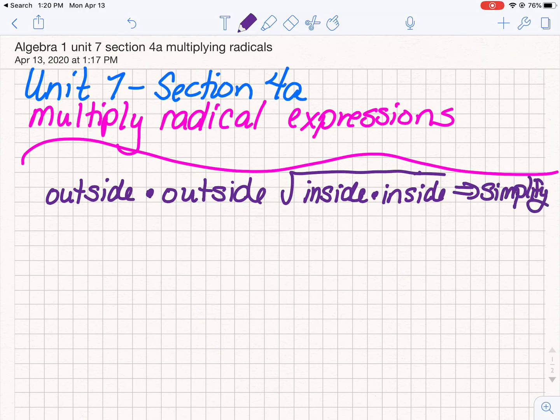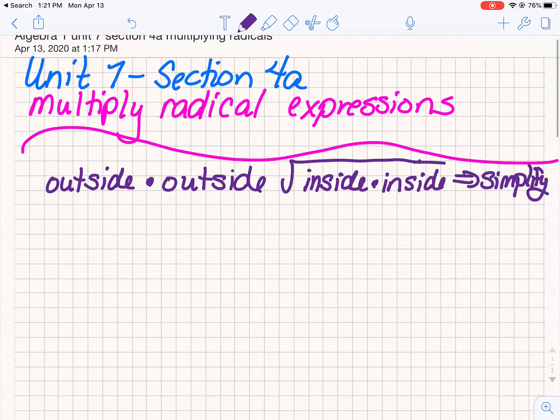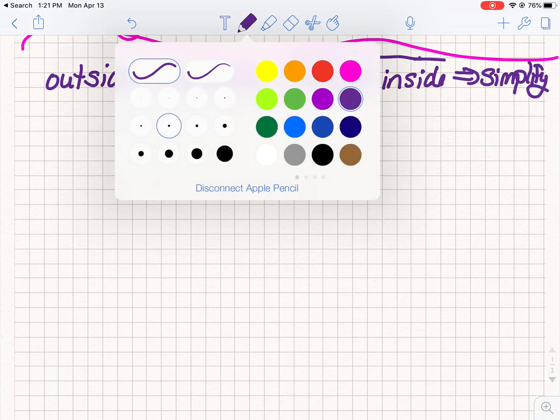Okay? So let's start with a couple just basic examples and we'll go from there.